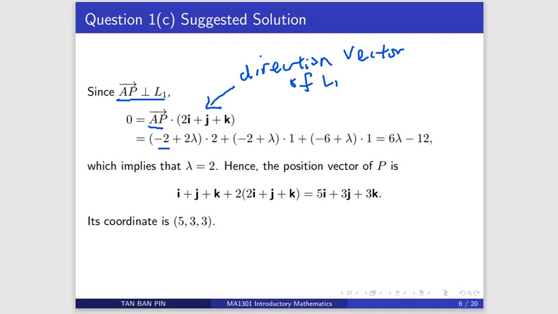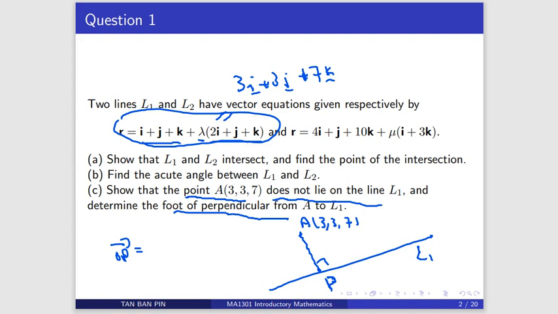If you look at the dot product, it will give you 6 lambda minus 12 equal to 0. So lambda is 2. So you just put lambda equal to 2 into the equation of L1, and you will find the position vector of the foot of perpendicular from A to L1. So OP is 5i plus 3j plus 3k. So P is the point (5, 3, 3). So that's how you find the foot of perpendicular from A to L1.